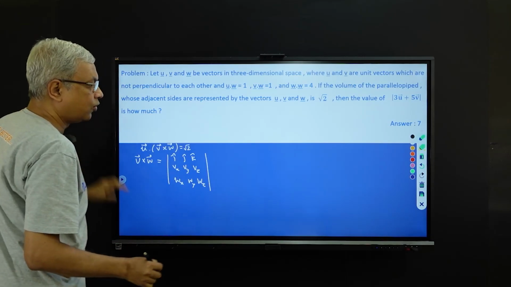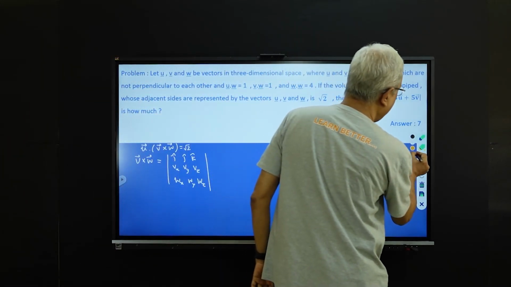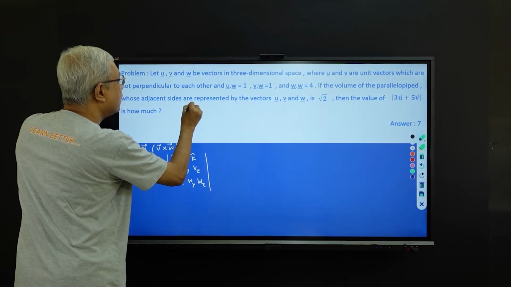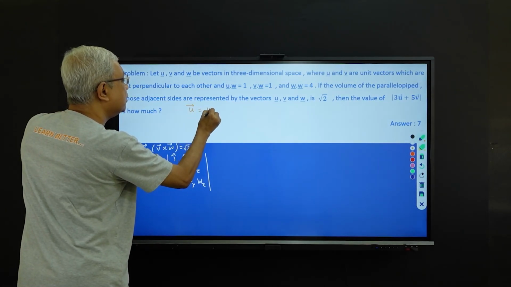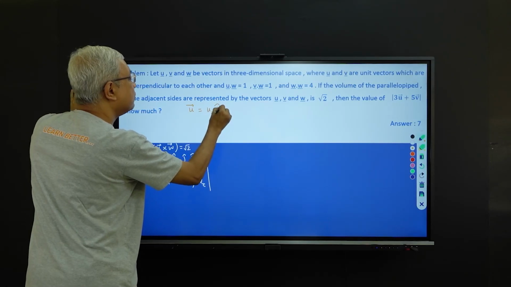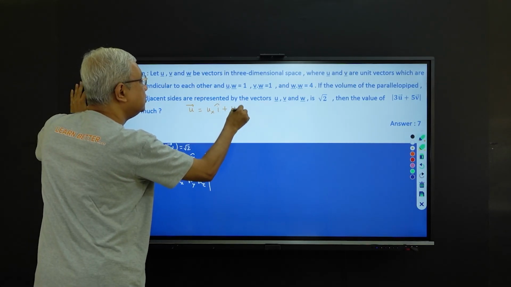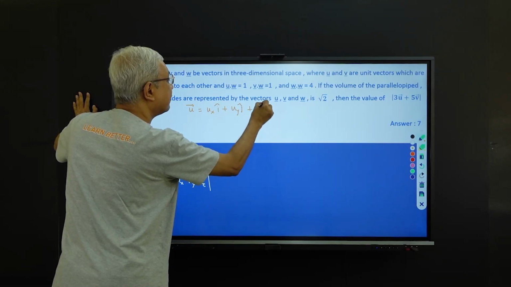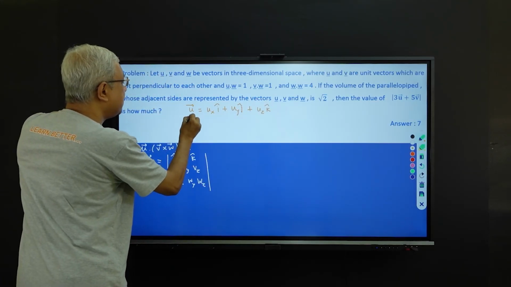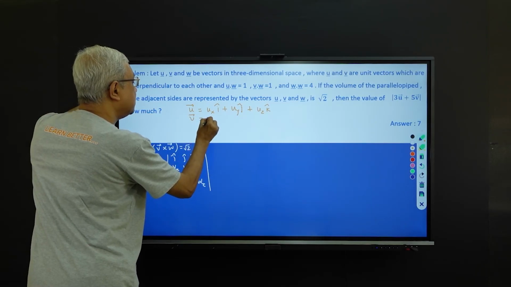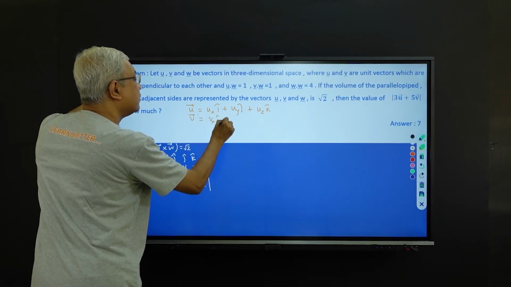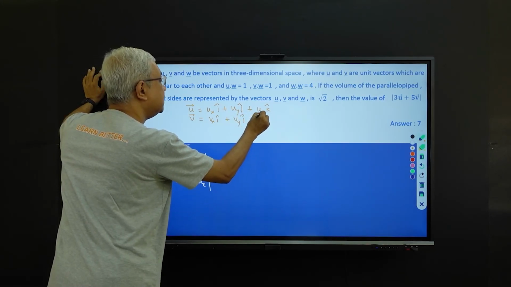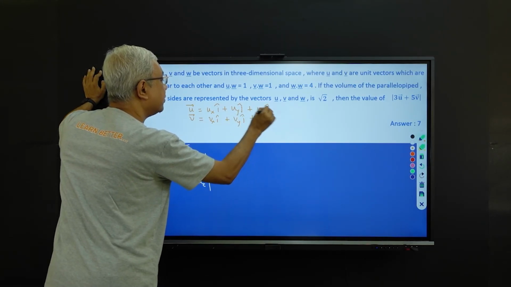What we have done over here, I have assumed that vector U is Ux i cap plus Uy j cap plus Uz k cap. Similarly, vector V I have assumed is Vx i cap plus Vy j cap plus Vz k cap.